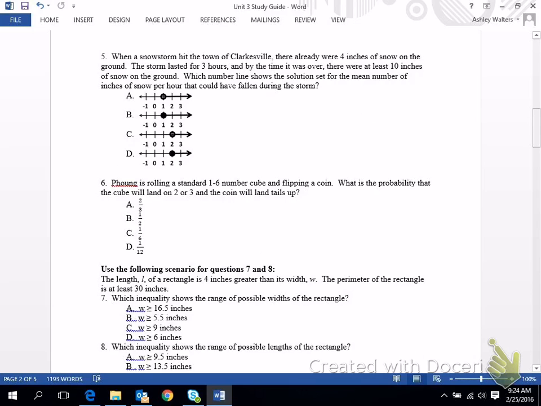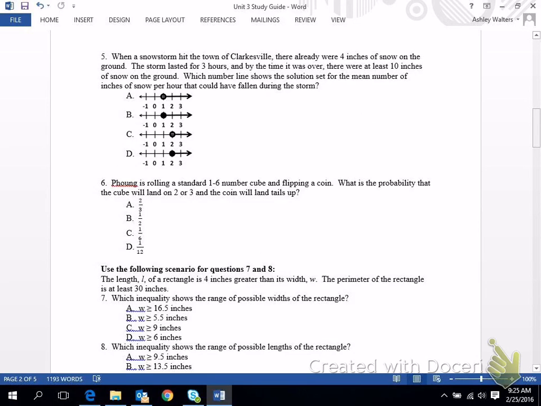In number 5, it says, when a snowstorm hit the town of Clarksville, there were already 4 inches of snow on the ground. The storm lasted for 3 hours, and by the time it was over, there were at least 10 inches of snow on the ground. Which number line shows the solution set for the mean number of inches of snow per hour that could have fallen during the storm? You should be able to set up an inequality from this.